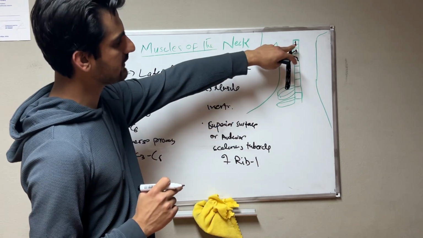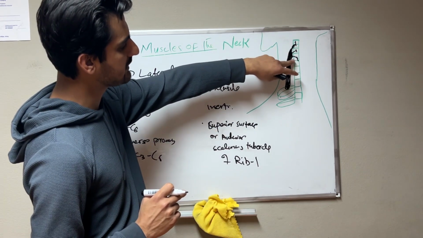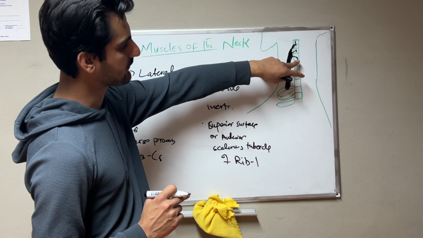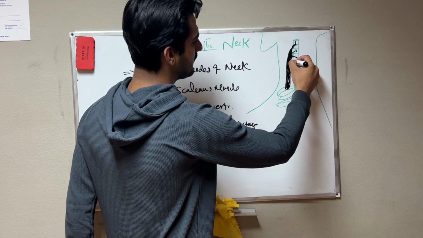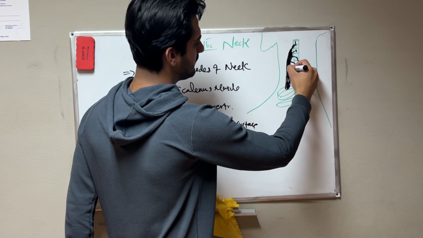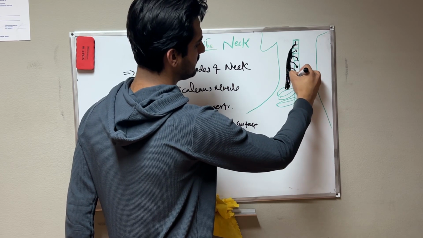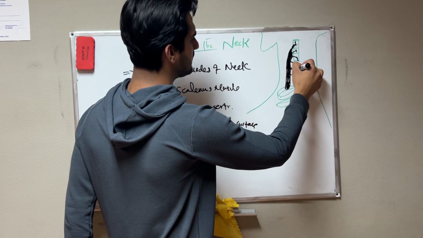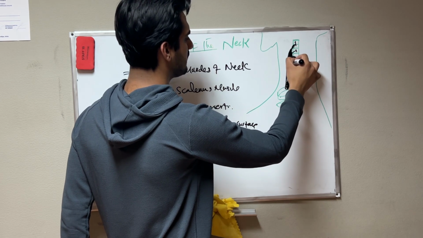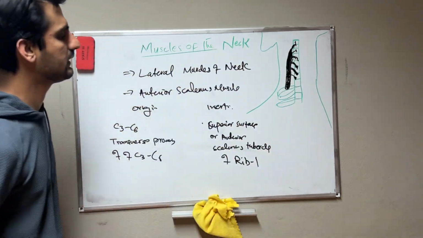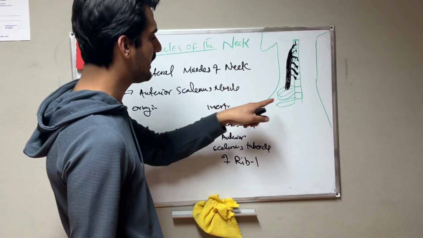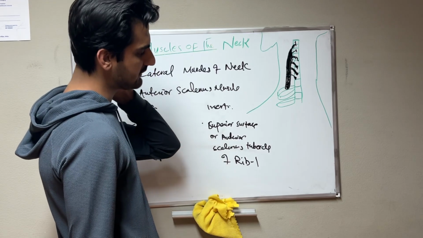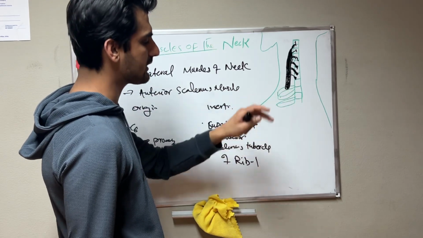Now this muscle originates from C3 to C6, like this and this. These are the fibers of the anterior scalenus muscle, which originates from C3 to C6 and inserts on the superior surface, the anterior scalenus tubercle of rib 1.